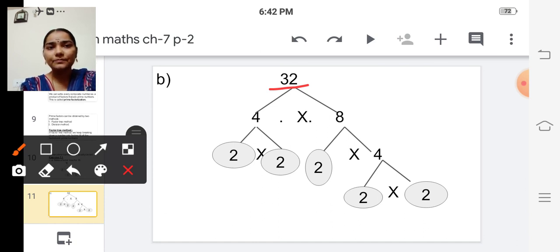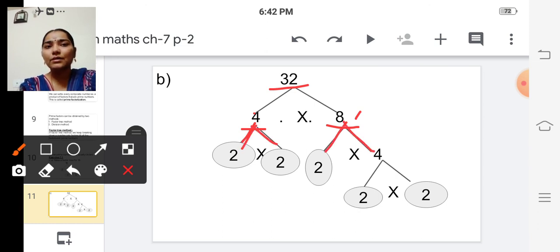So 4 into 8, but we cannot stop here because 4 is not a prime number as well as 8 is not a prime number. So we have to break down 4 and 8.